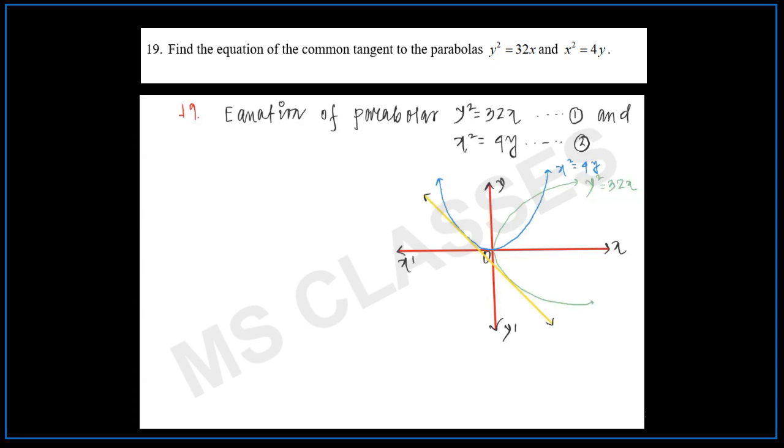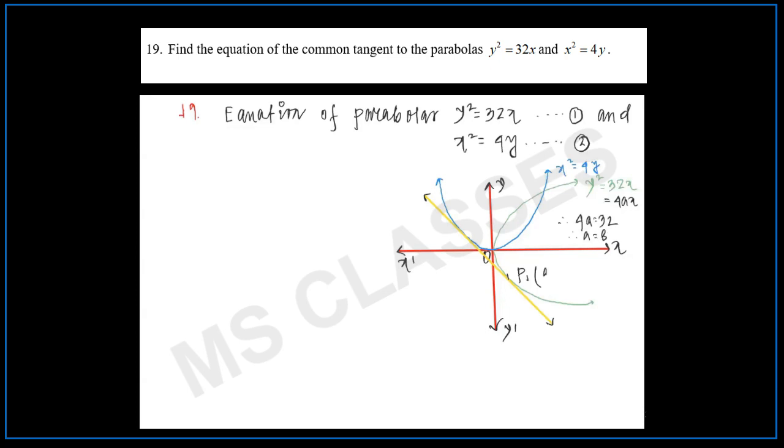Now for the common tangent, suppose the point of contact we take as P1 here, and the point of contact as P2 here. Now if we compare with y square equal to 4ax, what we get? 4a equal to 32, so a equal to 8.